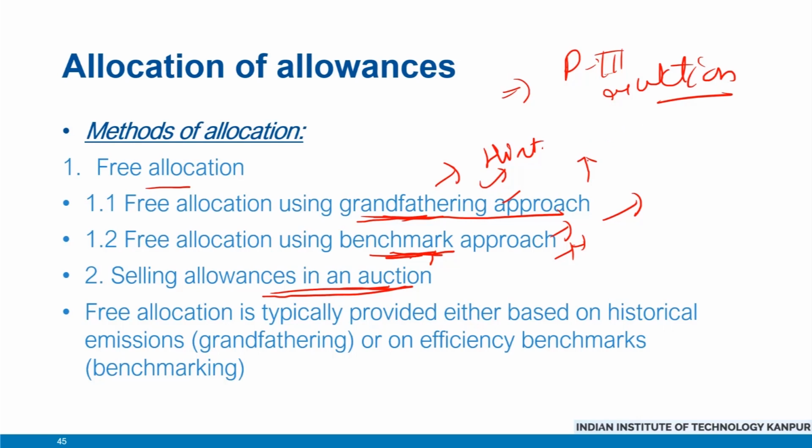Although free allocations were still given mainly to the industry sector, a cap was set on the maximum free allocation to industry, limiting it to approximately 43%. So free allocation was capped at 43% in phase 3, and from phase 3 onwards, as we noted, benchmarking was the approach for free allocation.